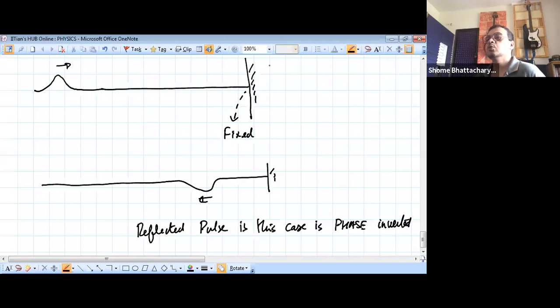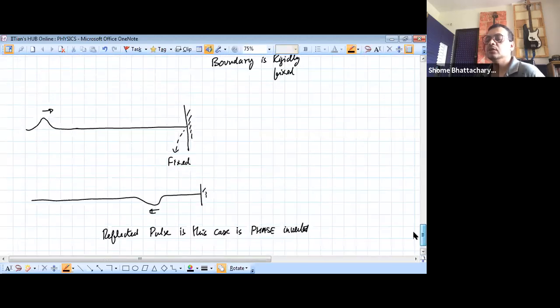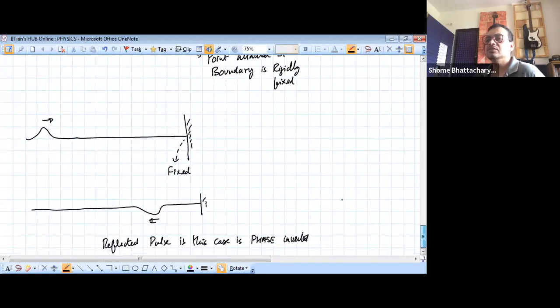Okay. So there's more to the analysis than just this phase inversion, but first just make a note of this, that whenever we have a rigid boundary, a pulse when it is reflected will have a phase inversion. If we assume that there is zero dissipation of energy, then it will have the same amplitude and the same shape.